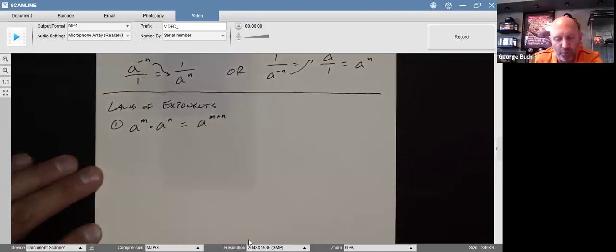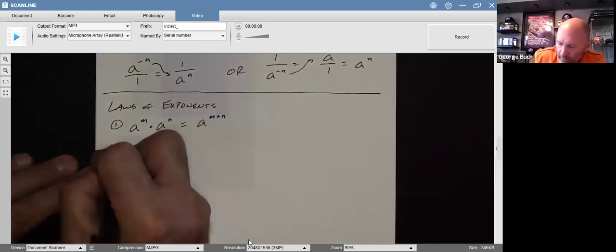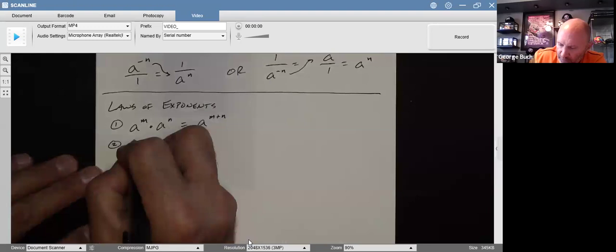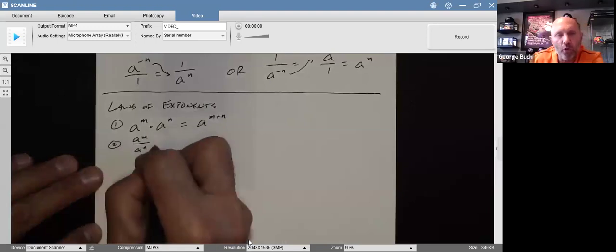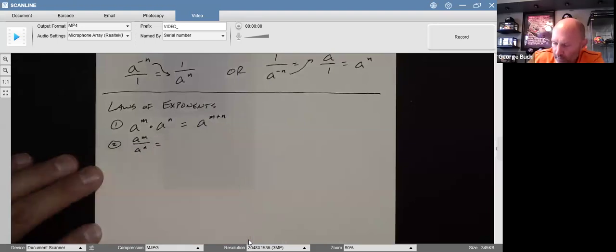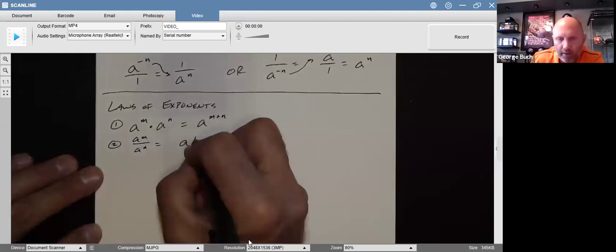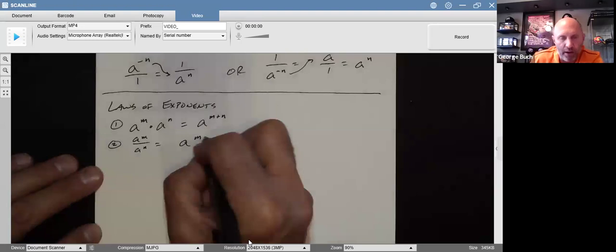I just add the exponents. That was multiplication. If I have division, so a to the m over a to the n, this becomes a to the m minus n power.